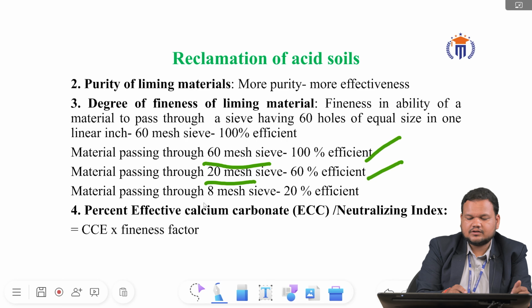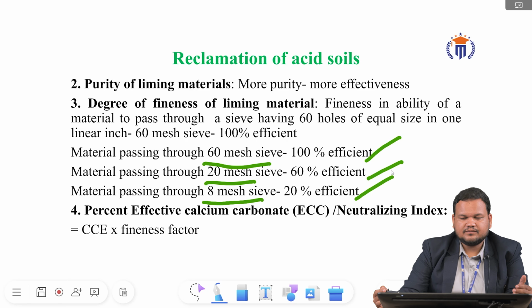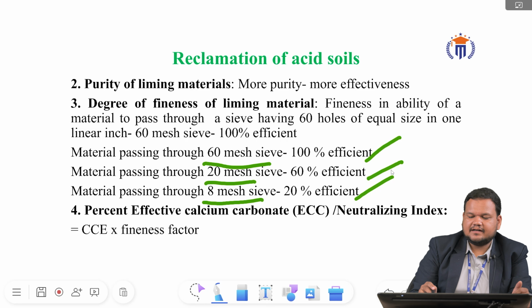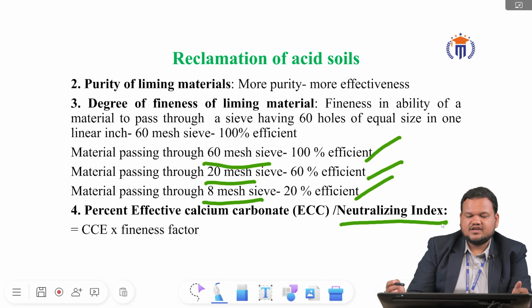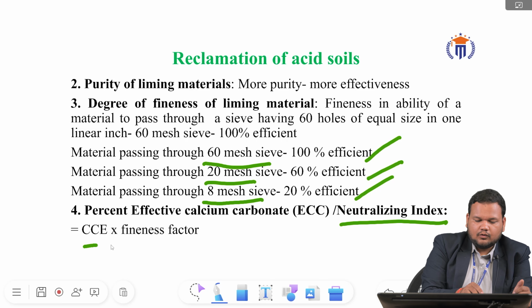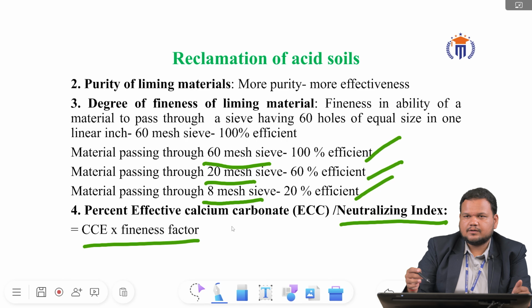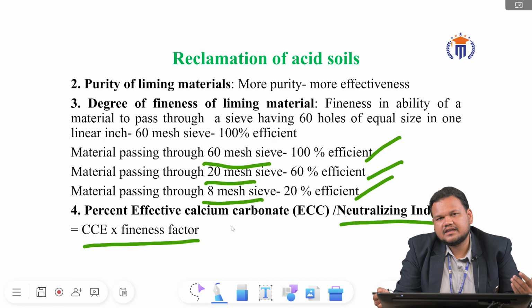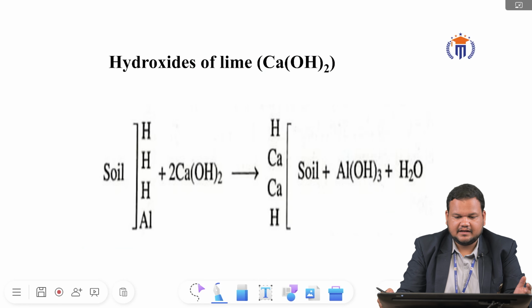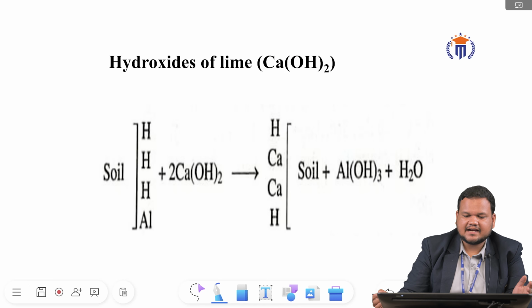If the material passes through an 8 mesh sieve, then it is 80% efficient. From these, we calculate the neutralizing index, which is the percentage effective calcium carbonate. The higher the percent effective calcium carbonate, the more effective the liming material. And this is how one reaction will happen.